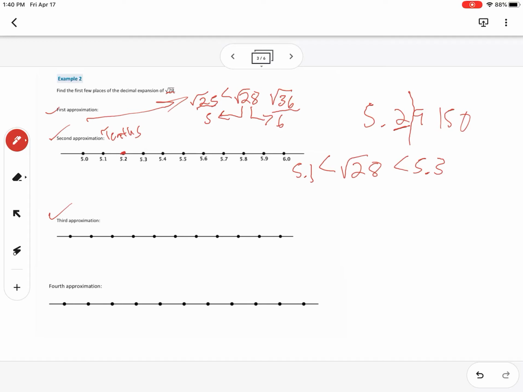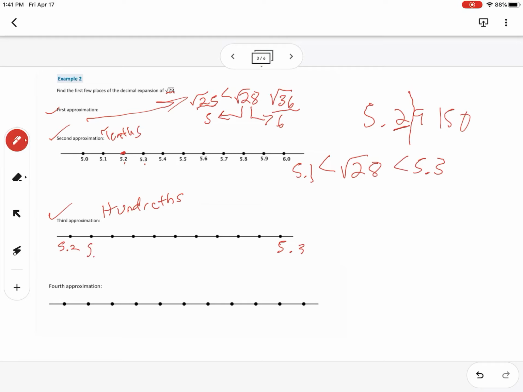Instead of going to the tenths, we're now going to go to the hundredths. Going to the hundredths place, I know that it's between 5.2, which is here, and 5.3, which is here.